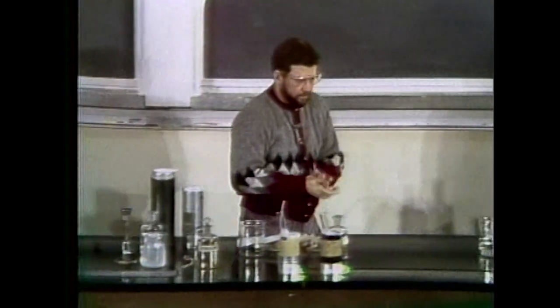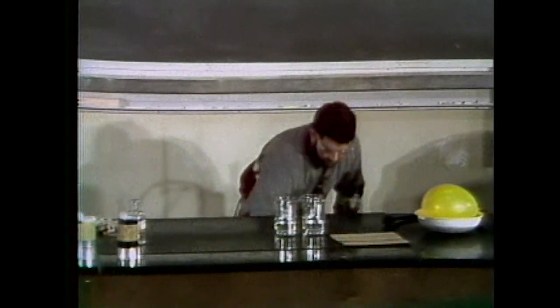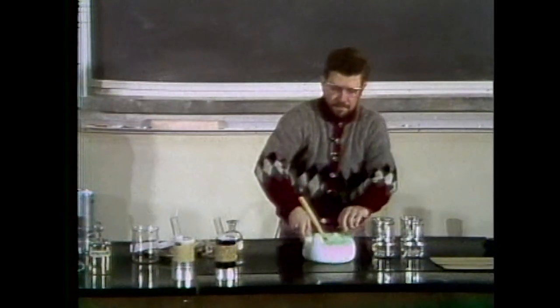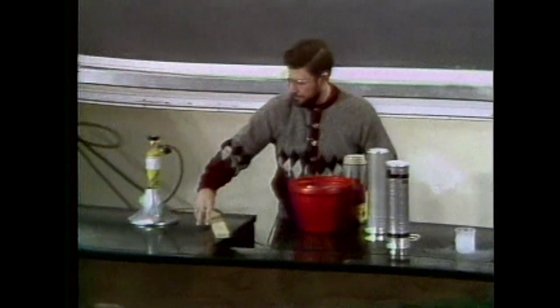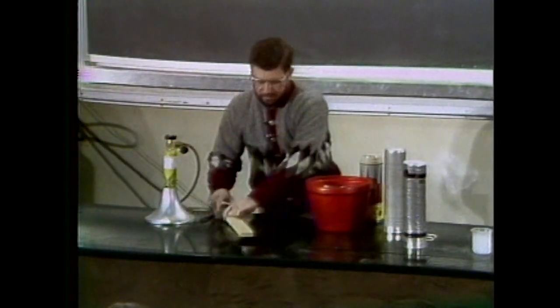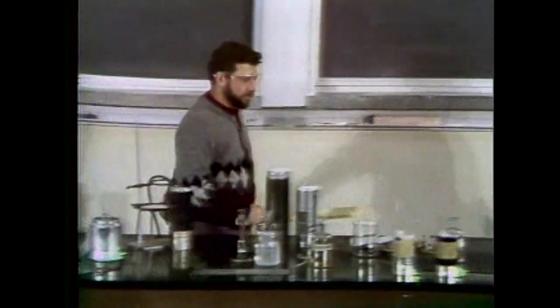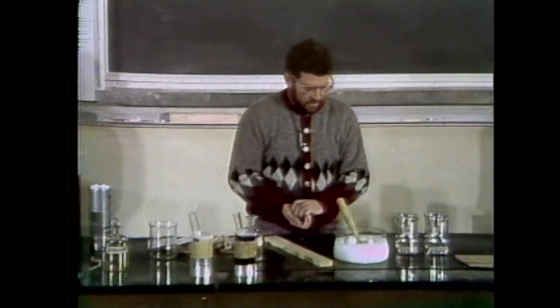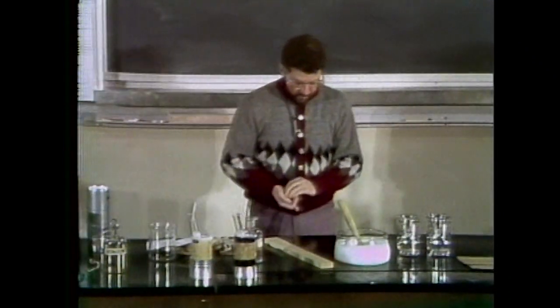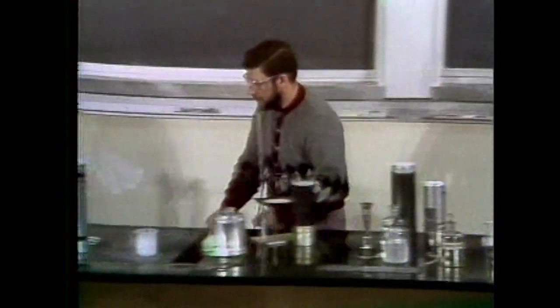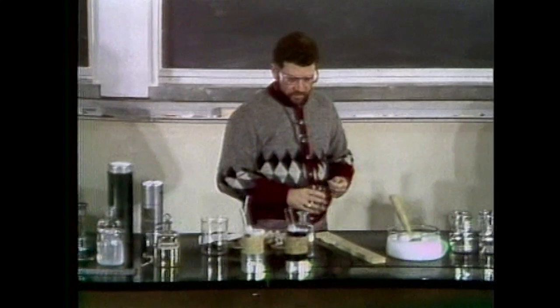Another property that we want to look at is one that deals with a compound that we hear a lot about these days, and a compound that is kind of dangerous, but if you control the temperature, it's not so dangerous.